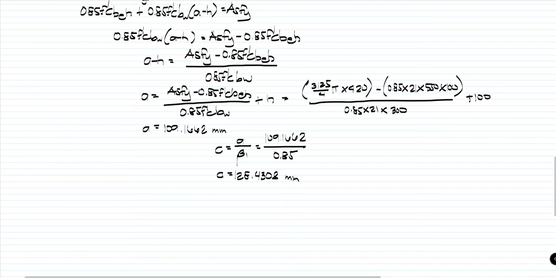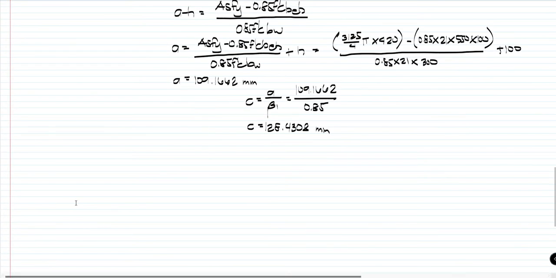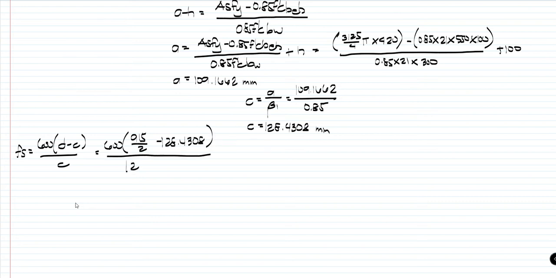So, now from this calculation, we will verify if our assumption that the tension steel is yielding. So, we can get Fs is equal to 600 times D minus C over C. So, that is 600 times 915 over 2 minus 128.4308 divided by 128.4308.